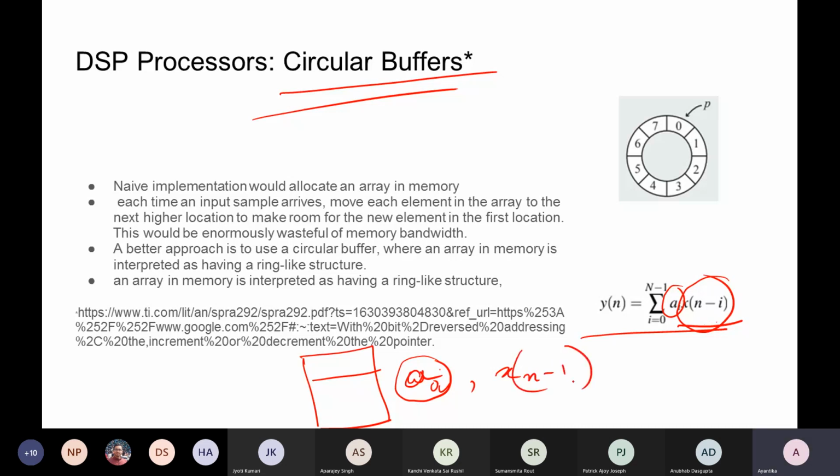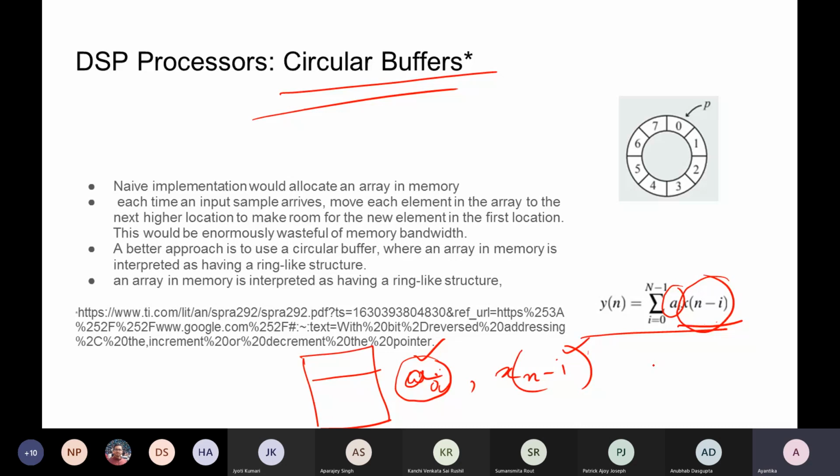You have allocated some value for them when i is equal to 0. As i gradually increases, you get x(n minus 1), x(n minus 2), and so on, and also a0, a1, a2, and so on.